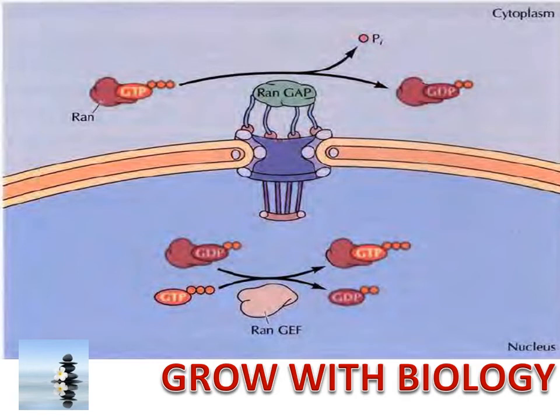So this is the exchange. Because RAN is a GTP binding protein, the transfer of molecules depends on the state of RAN, whether it is attached with GTP or GDP.